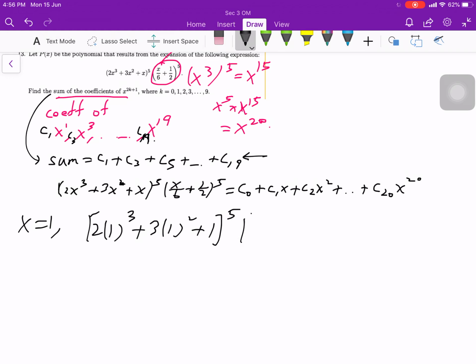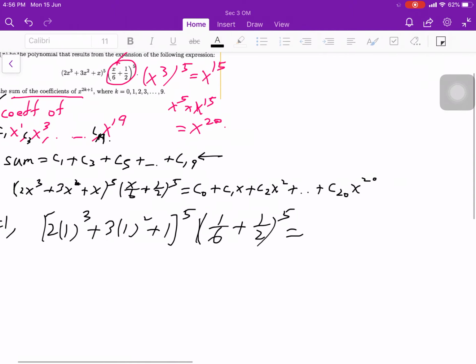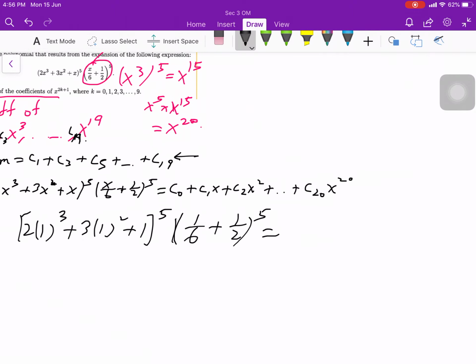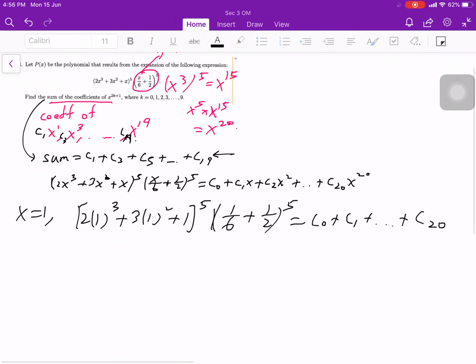And then the other bracket, this will be (1 over 6 plus half) raised to the power of 5. And then what will happen to the right hand side? The right hand side is simply C0 plus C1 all the way until C20. Is it okay? Therefore, I think not that complicated.